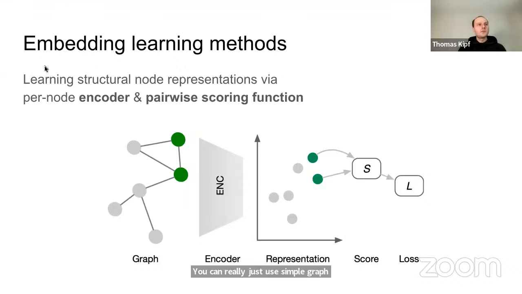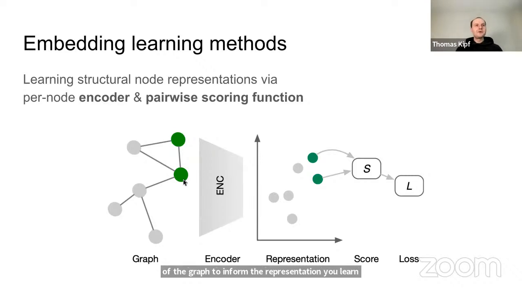The goal here is to learn structural node representations, and that's the important bit. You want to learn representations of nodes that are informed by the structure of the graph. If you just learn representations of nodes and ignore the graph, then this is not graph representation learning, it's just representation learning. So you use the structure of the graph to inform the representation you learn about the nodes in your graph.